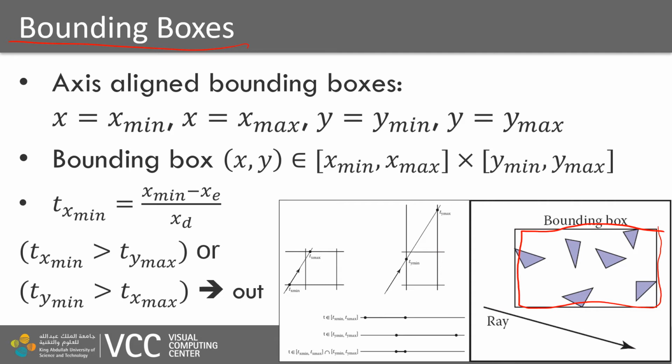So you can see here the gist of the idea: instead of dealing with 1, 2, 3, 4, 5, 6 different triangles and evaluating the intersection test with these triangles, we are simply evaluating whether this ray is hitting a particular bounding box or not.